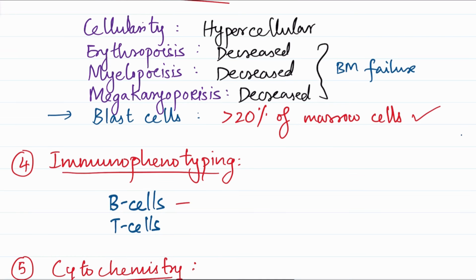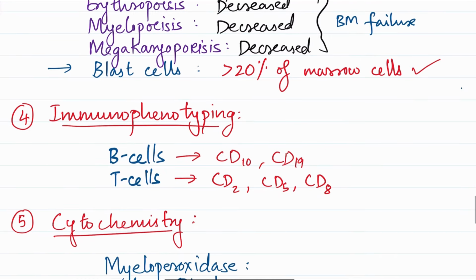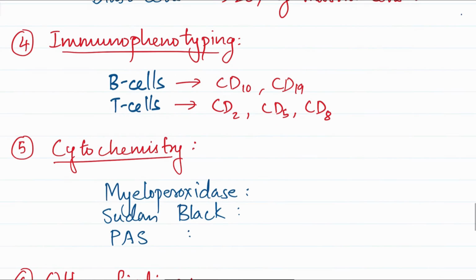Now coming to immunophenotyping. B cells are positive for CD10 and CD19. CD10 and CD19, you have to remember these markers. And T cells are positive for CD2, CD5, CD8. The presence of these markers gives us a clue about the type of cell. Cytochemistry: myeloperoxidase is present in the myeloblast, not in the lymphoblast.